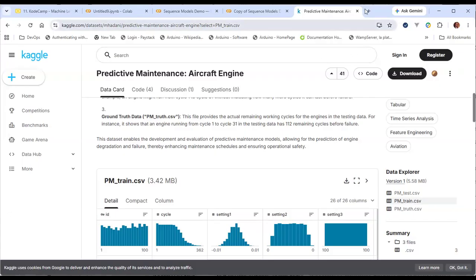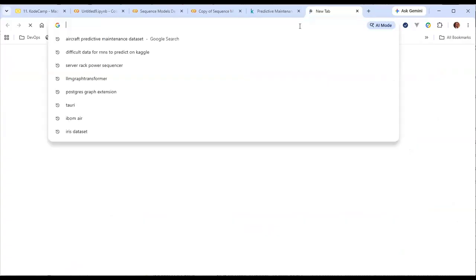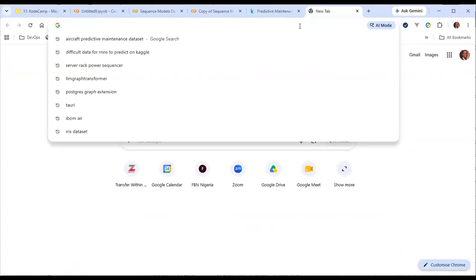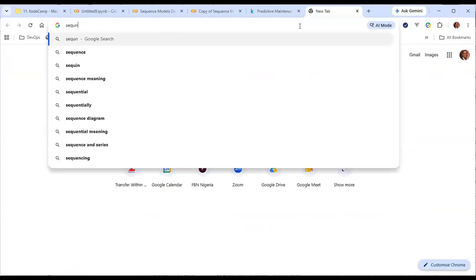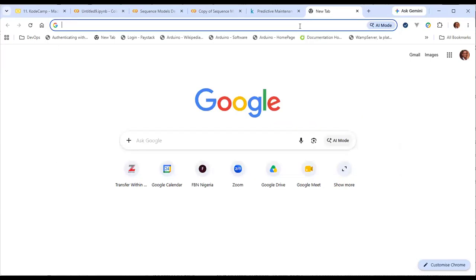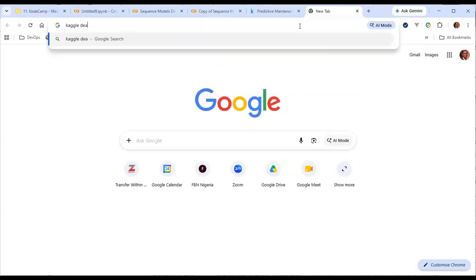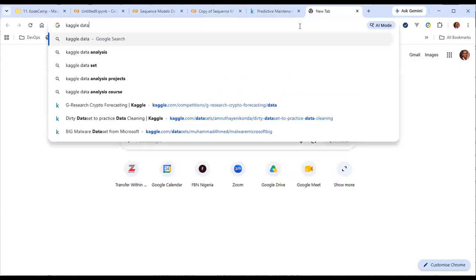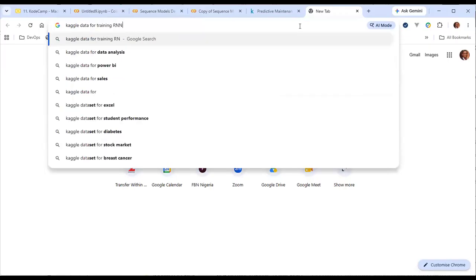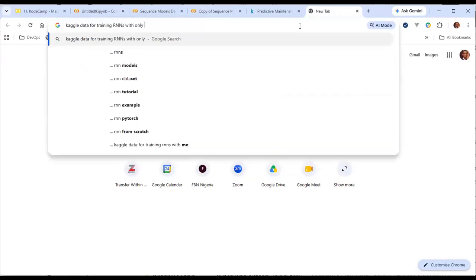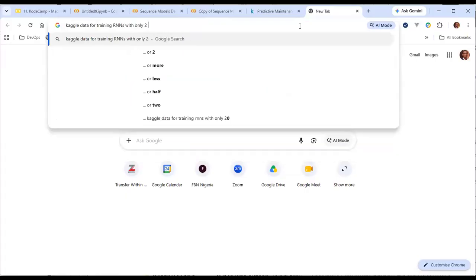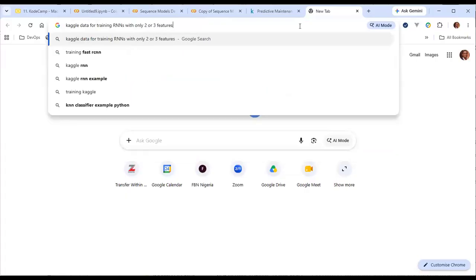So let's see, we can just search for it: Kaggle data for training RNN with only two or three features and short sequence length.